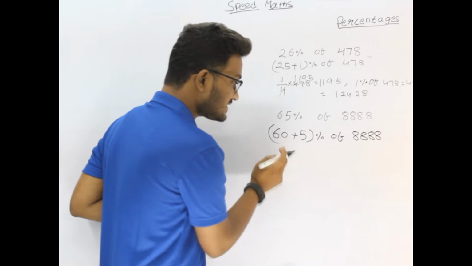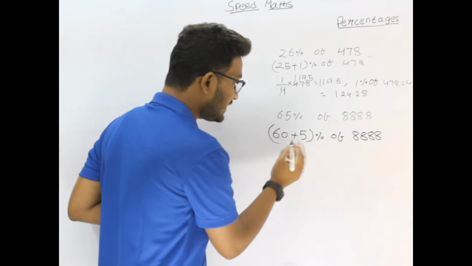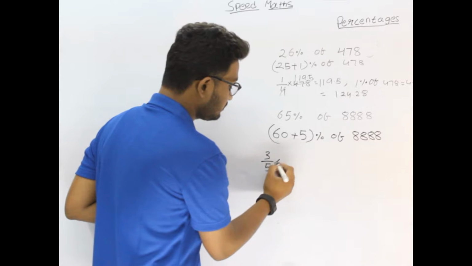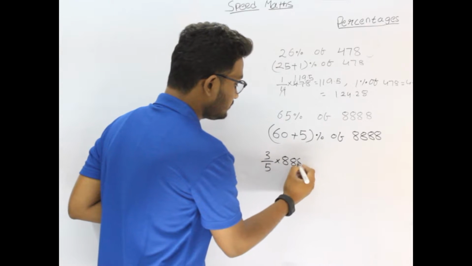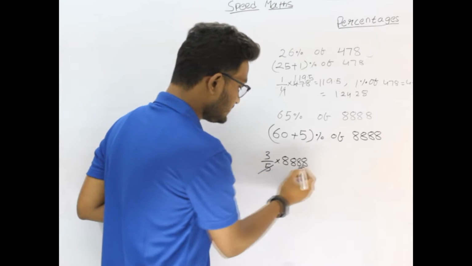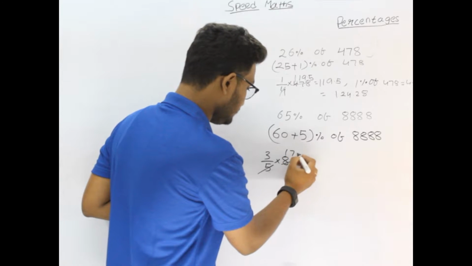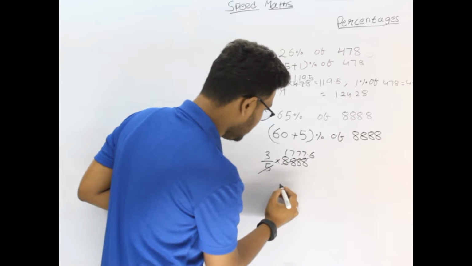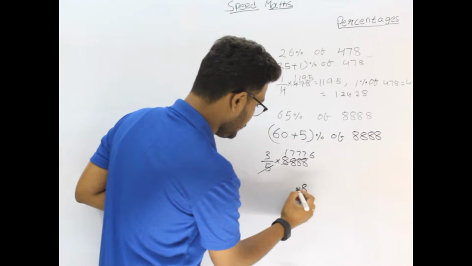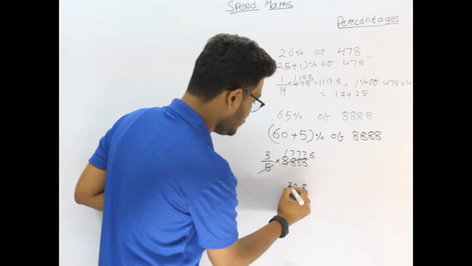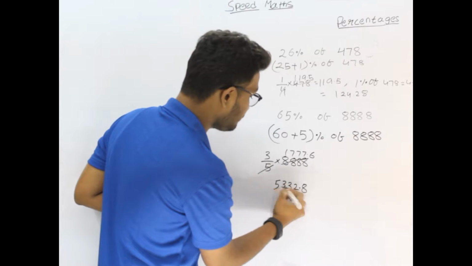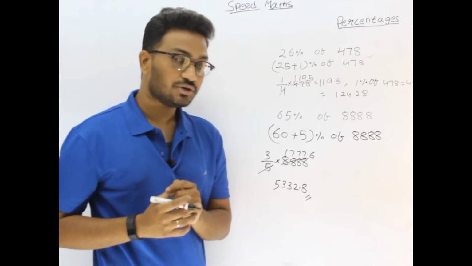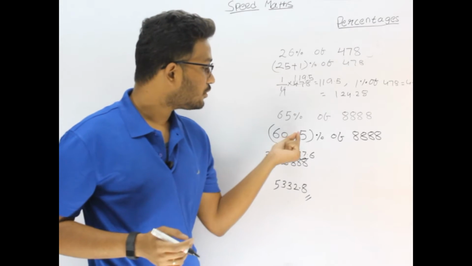So in order to get 60% of 8888, we have to multiply 8888 with 3 by 5, which will give us 5332.8.